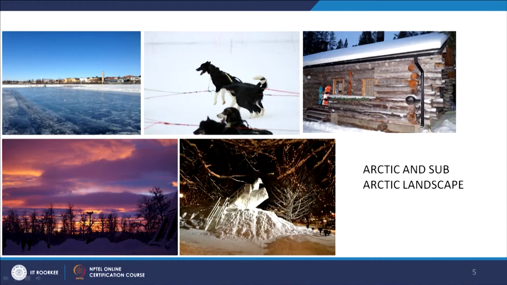The polar landscape changes by its different seasons, the extreme seasons. For instance, you can see in Luleå, in subarctic climates, where the whole sea gets frozen. This is a frozen sea, and it becomes a road in the winter, and the whole river becomes a kind of sledge pathway.